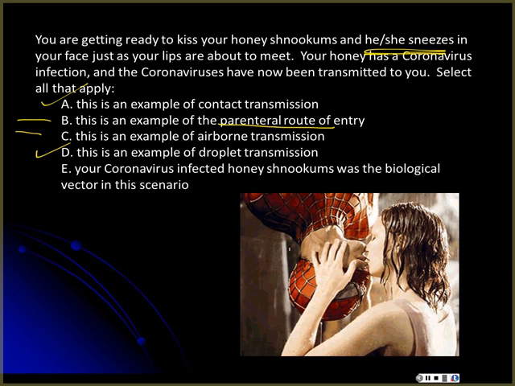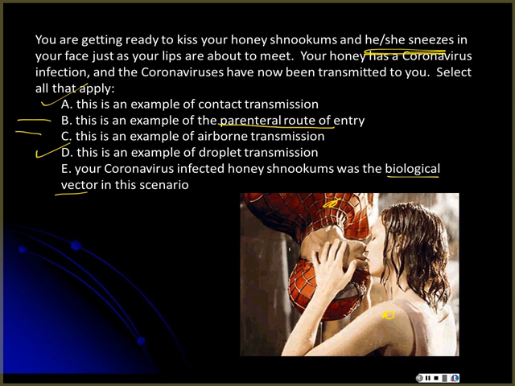Your coronavirus infected honey schnookums was the biological vector in this scenario. Actually, not biological. For it to be a biological vector, it's like a mosquito bites this person and transmits something to this person. The vector has to carry it from one person to another.